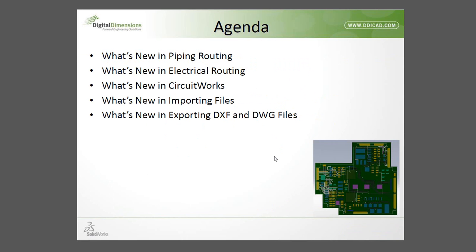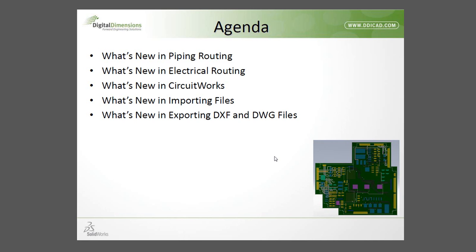So I'm going to start with the agenda. I'm going to start with what's new in piping, including showing you the new spool functionality and how you can break up pipe routes and actually tube routes too. Secondly, I'll go into the electrical wiring side where they've added a new Splice functionality.